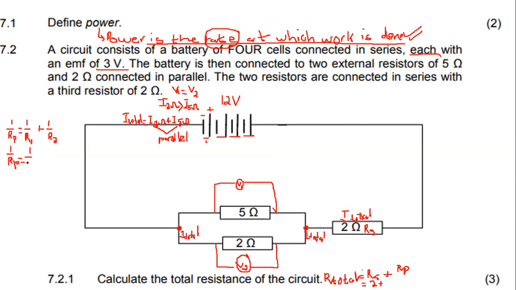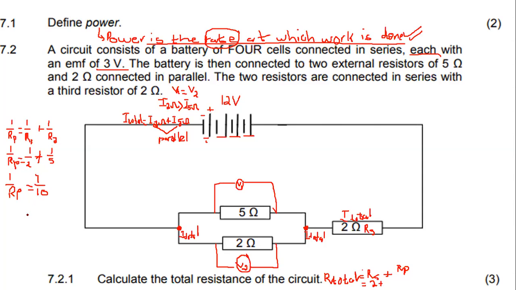If we take this to be R1, it will be 1 over 2 plus, if we take this one to be 5 ohms, rather to be R2, then it will be 1 over 5. Then if you do 1 over Rp with your calculator, it will give me 7 over 10.